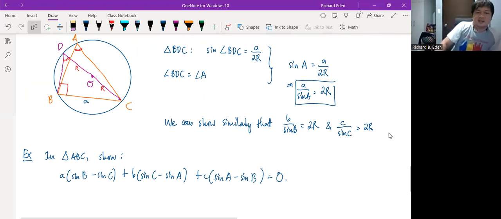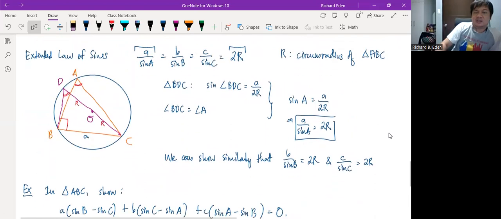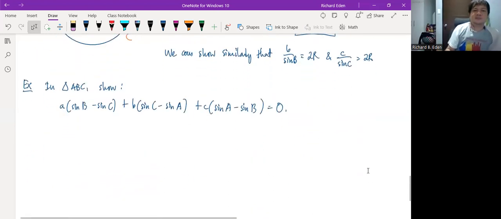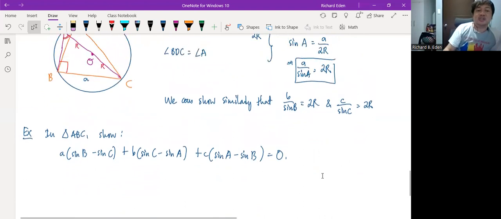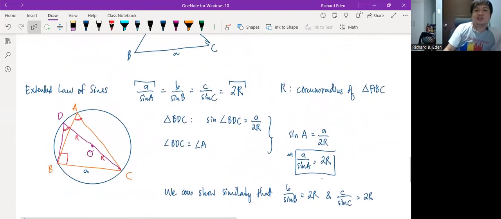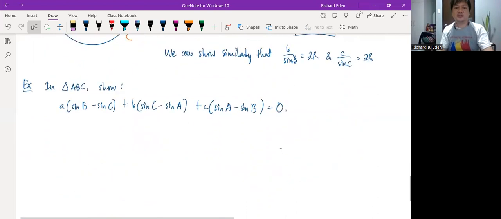Okay, this can be done by a straightforward application of the law of sines. I think you don't even need the extended law of sines. Look here.